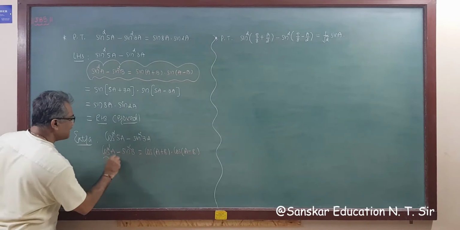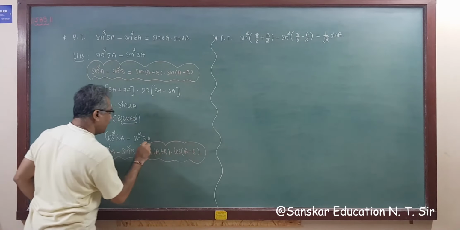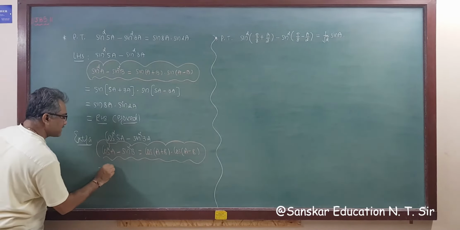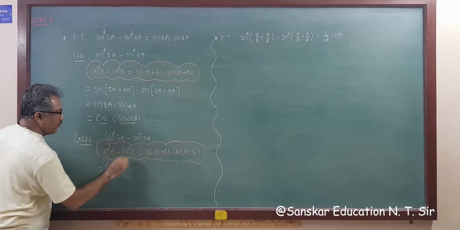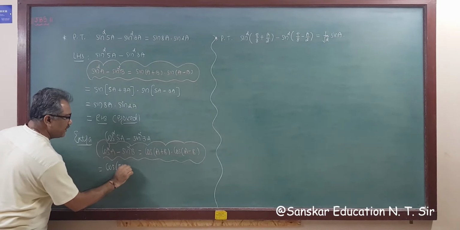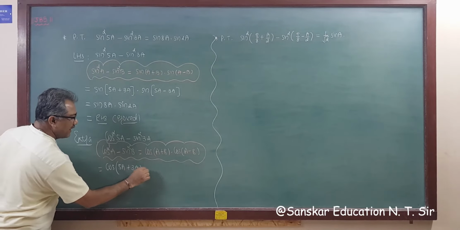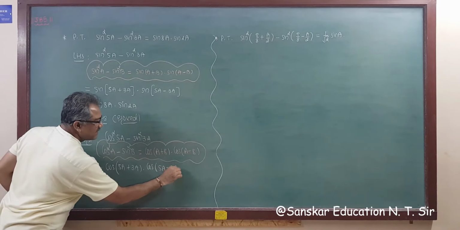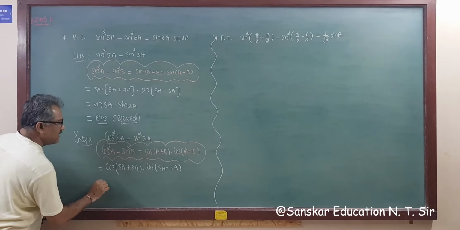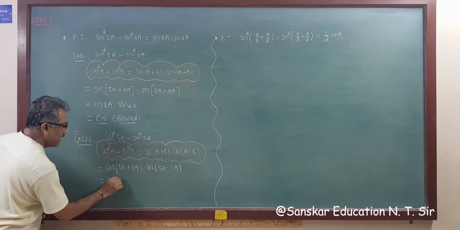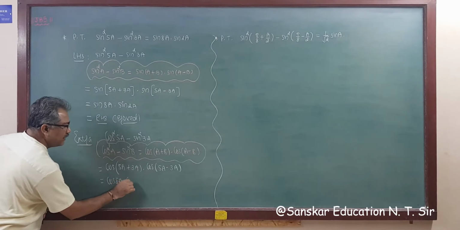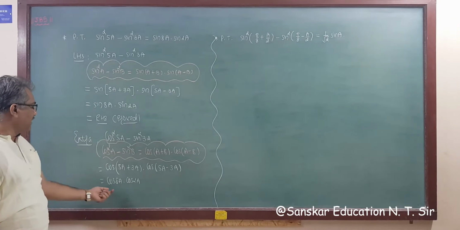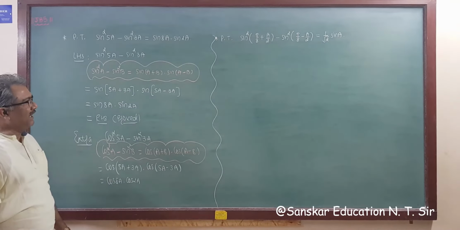So applying this formula here, cos(A plus B) is 5A plus 3A, and cos(A minus B) is 5A minus 3A. So your answer will be cos 8A into cos 2A.